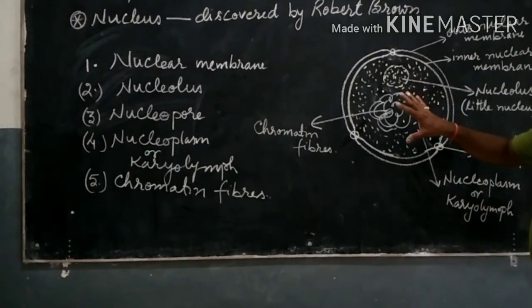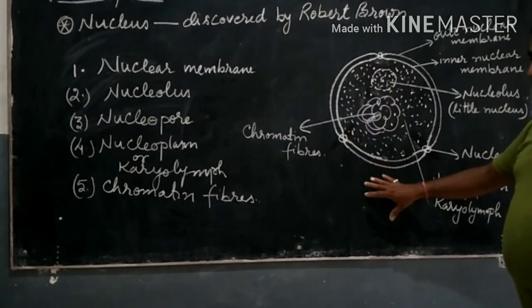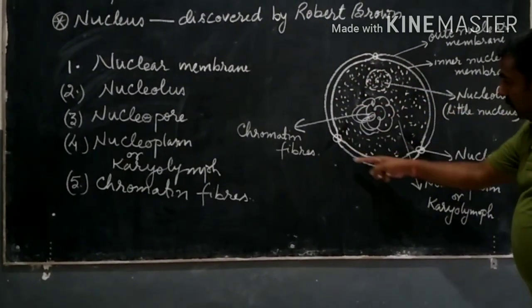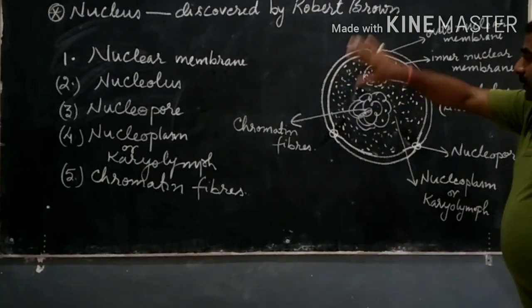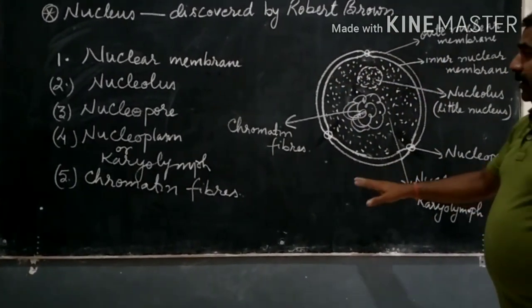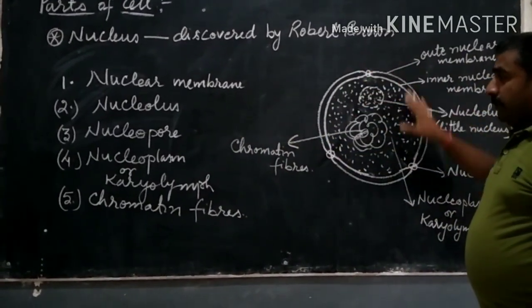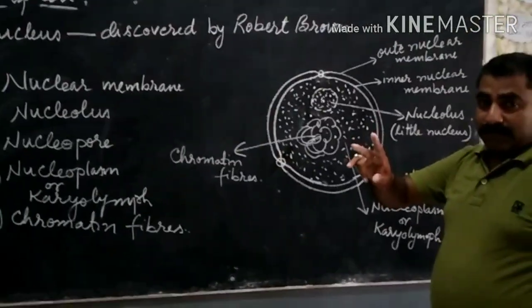Generally, nucleus is almost oval or spherical in shape, and the outermost boundary of nucleus is covered by a membrane known as nuclear membrane. And nuclear membrane forms two coverings.